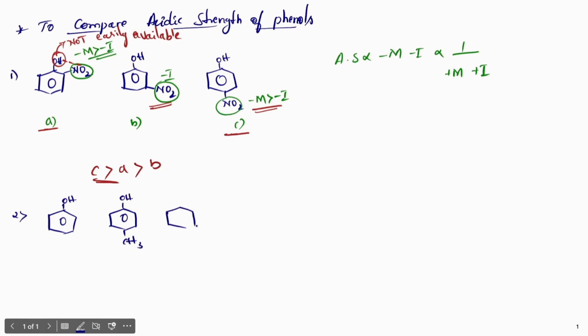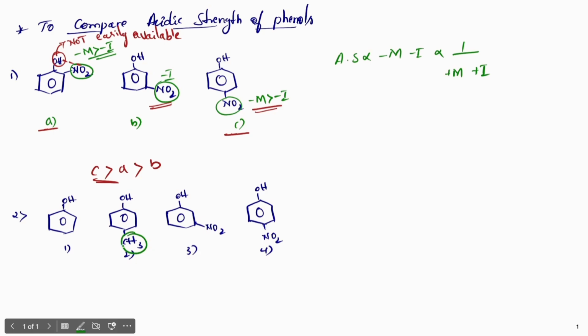Again phenol, with an NO2 group at the meta position. Again take phenol, where an NO2 group is present at the para position. This is 1, 2, 3, 4. Again, you have to consider the order of acidity.